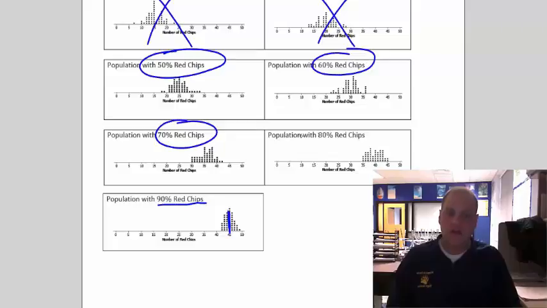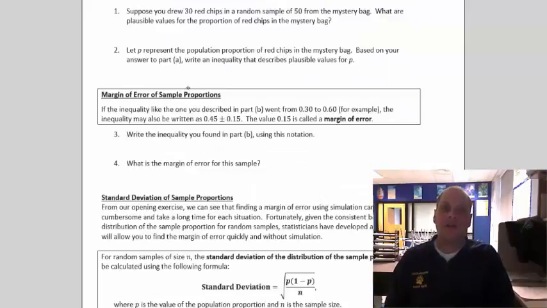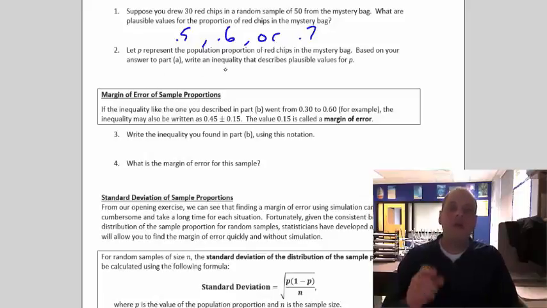You think it was 30 here? Probably not. You think it was 30 here? Almost definitely not. So 50, 60, or 70% would be likely. So I would say for the proportion, it would be 0.5, 0.6, or 0.7.